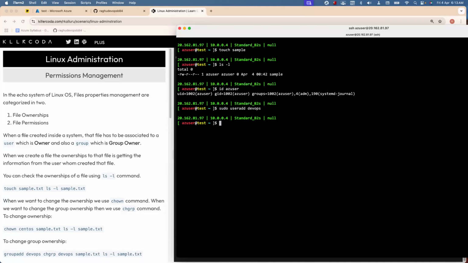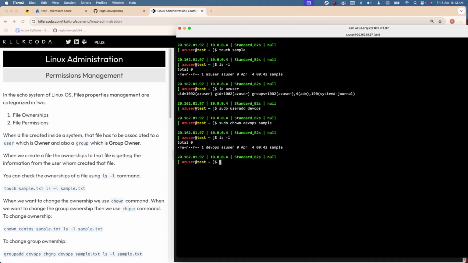So I'm going to give sudo chown, change the ownership, to the devops user, of which file? The sample file. So now this file's ownership you have transferred from the aged user to the devops user.